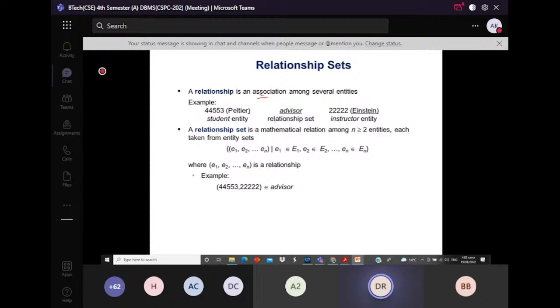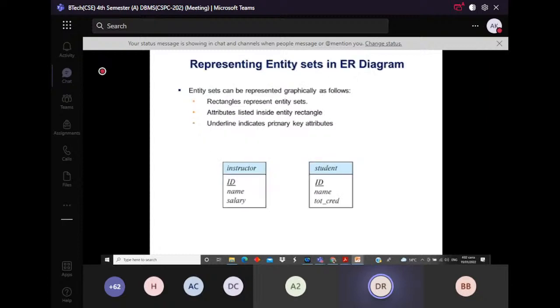For example, we discussed in the last lecture that one entity is the student entity and one is the instructor entity. In a particular university there can be many instructors and a number of students. So which instructor is an advisor of which student?